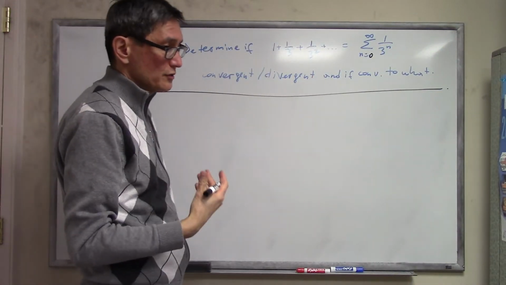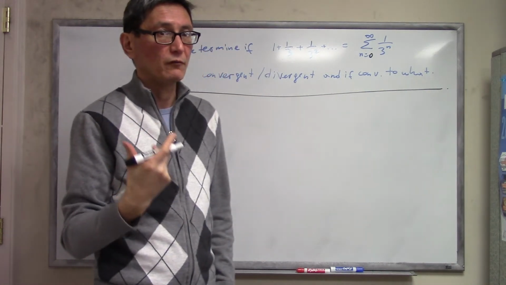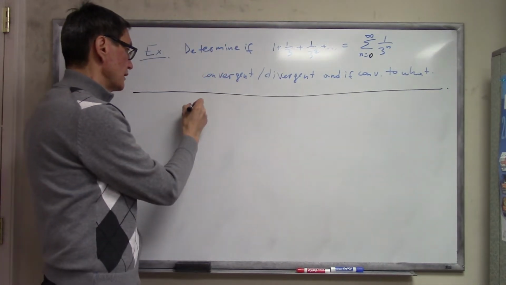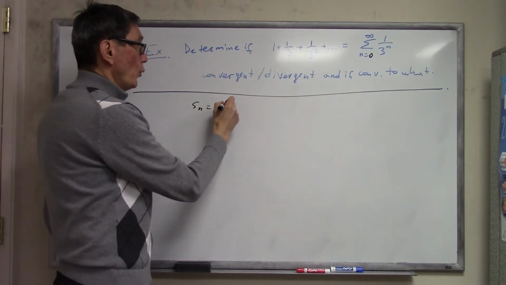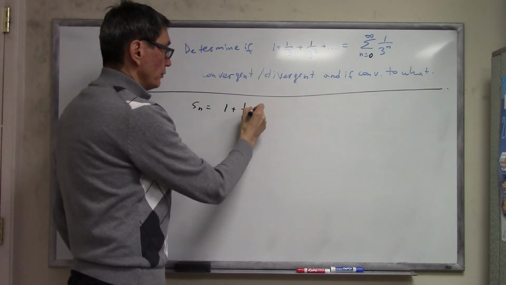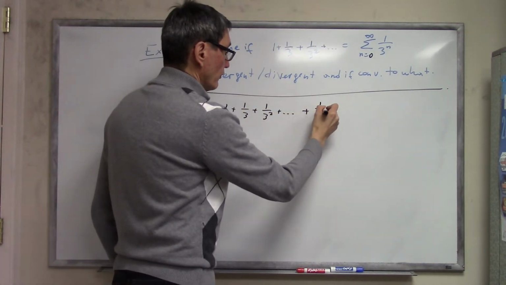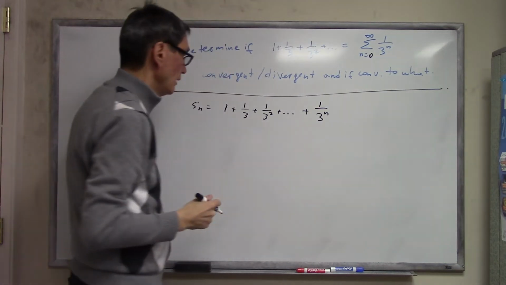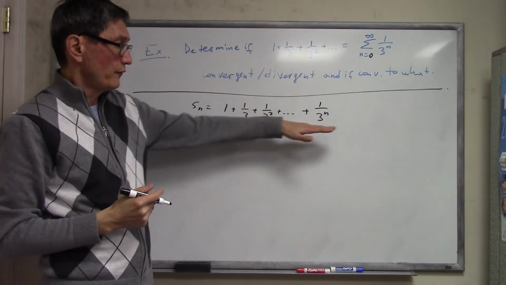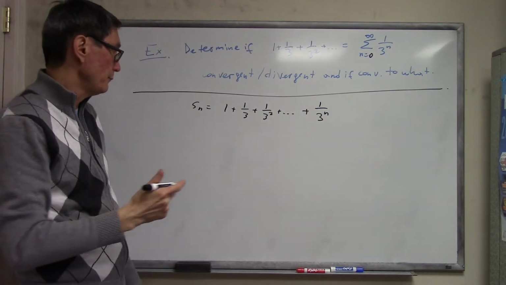We want to find a pattern, a formula for Sn, the nth partial sum. So Sn is 1 plus 1/3 plus 1 over 3 squared plus up to 1 over 3 to the n. What we'll do with this is multiply it by 3.